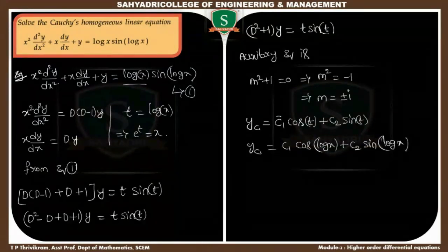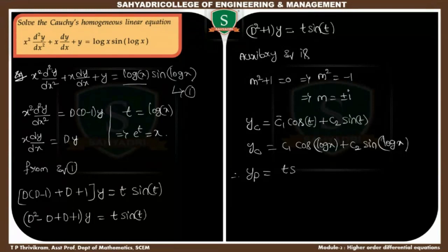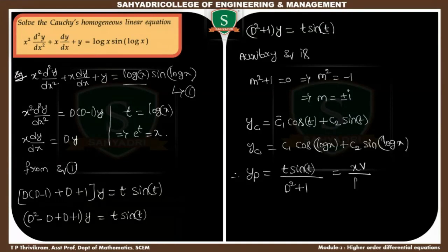Okay, so therefore yp you need to find. Yp is equal to t sin t divided by d square plus 1, which is of the form x v divided by f of d, where v is equal to how much? Sin t. Okay, so what will be the formula for this?